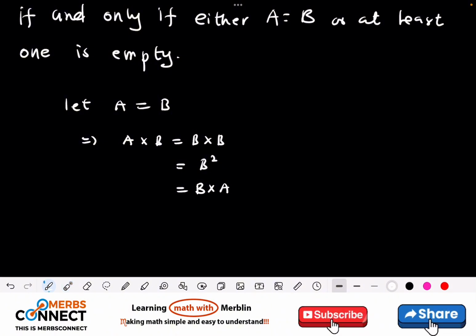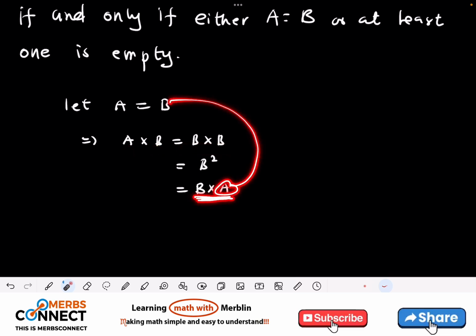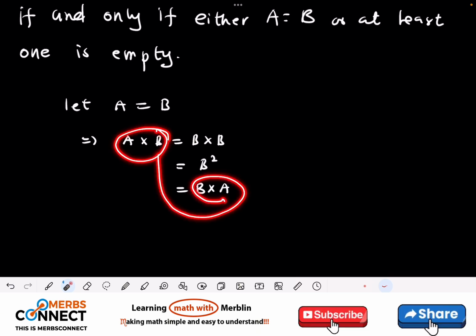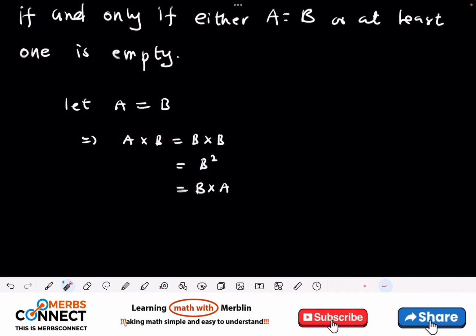Because if I have this cross this, I'll have it to be the same as this. And then if I have this one too, still here A is equal to B. So when I replace this one by B, I'll get B squared. So this is one side, when we are saying that A is the same as B. So when A is the same as B, then this is the same as that. So that is the one side.